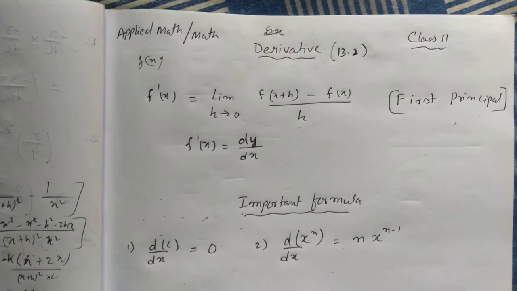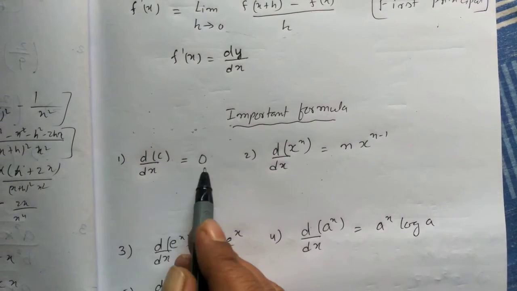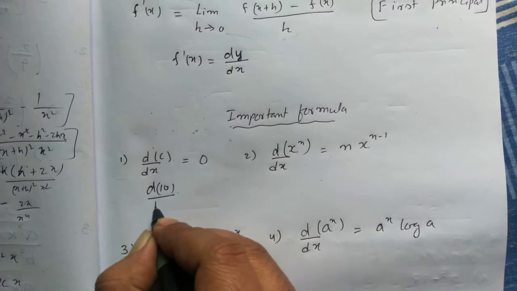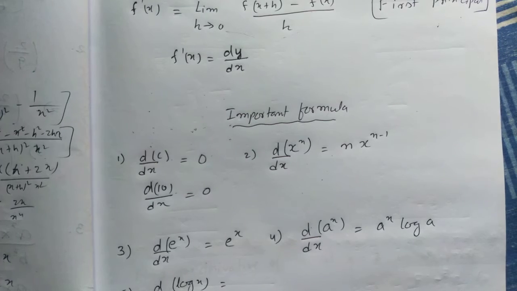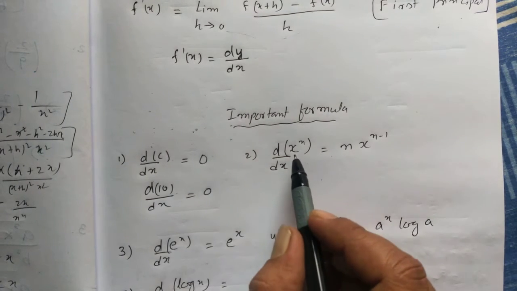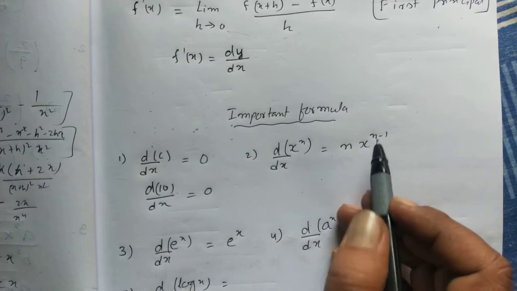Some of the important formulas you have to know for this chapter: when you derive a constant term c, we get 0. Suppose we're deriving 10, which is a constant, the answer will be 0. Deriving any constant number gives 0. Suppose you derive a polynomial x^n, we have to write n x^(n minus 1).